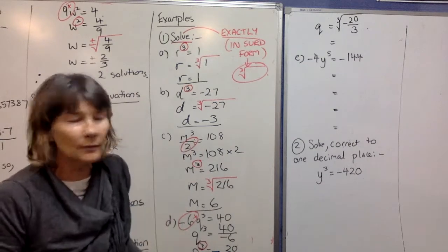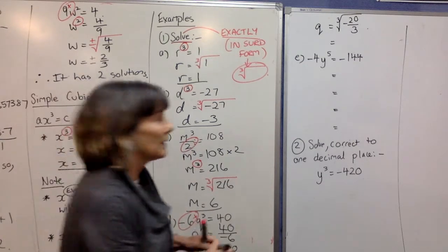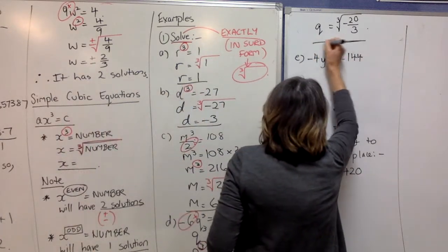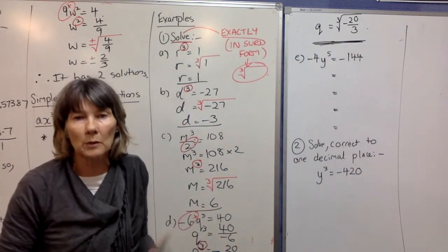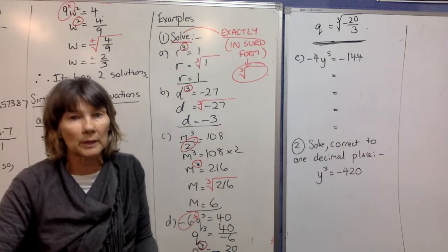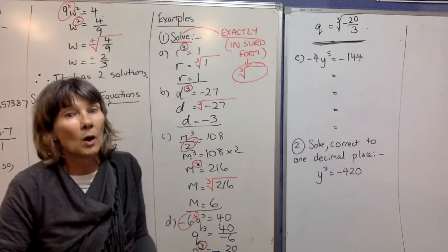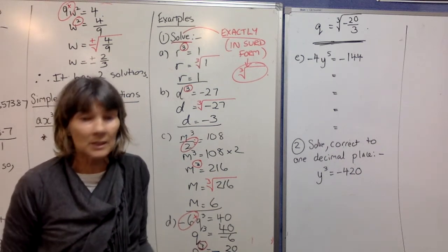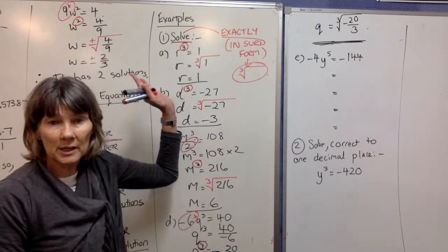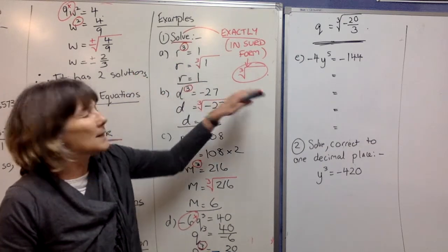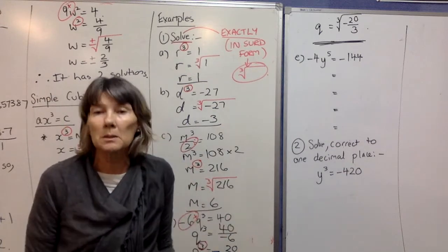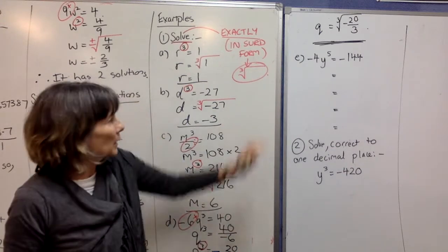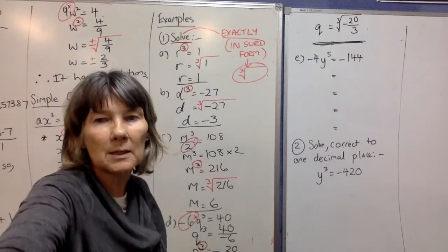Okay, so we're going to leave that answer like that because I didn't like the answer. That's it. If they want a decimal, they'll say so in the question. It will say write as a decimal, correct to so many decimal places, or correct to so many significant figures. They didn't say that, they just said solve. We're going to write it exactly in surd form. If you write down that big long decimal, I'll mark you wrong. Okay, we're writing that down as it is.